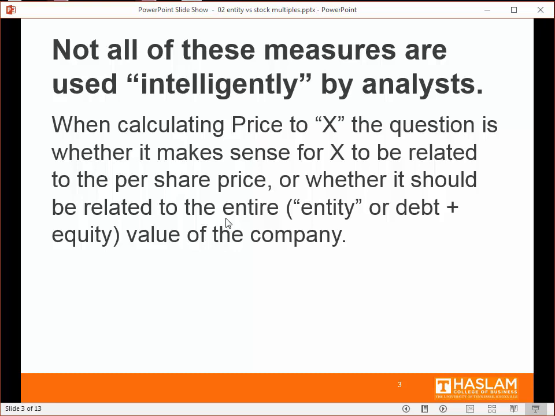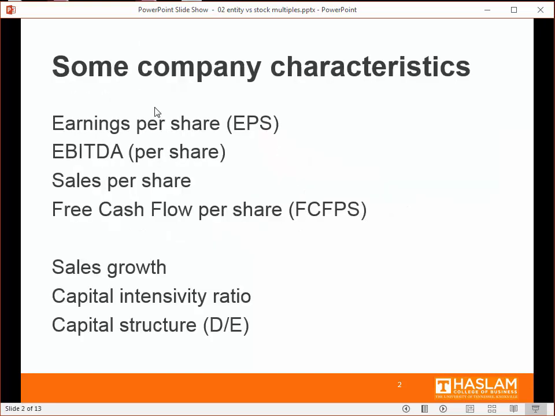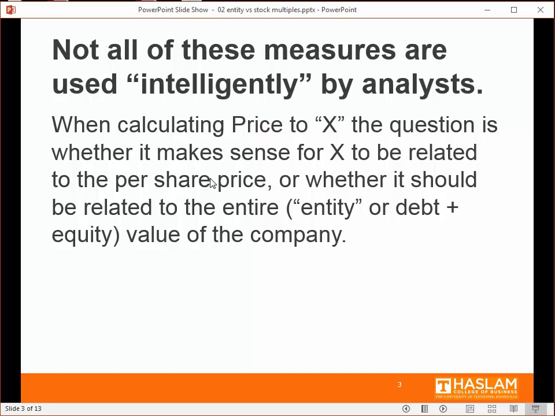The way that these are used is typically you take a price, and then you divide it by whatever X is, whatever that relationship is, and calculate, for example, a price to earnings ratio, or perhaps a price to EBITDA ratio, or the price to sales ratio, or perhaps a price to free cash flow ratio. But not all of those ratios actually make sense.